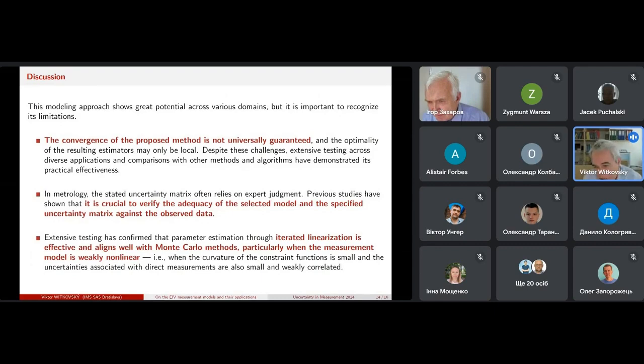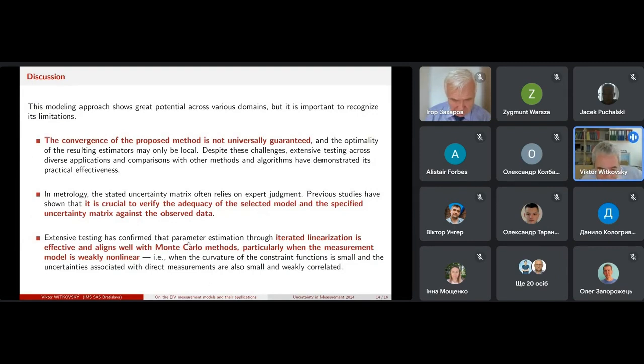Despite these challenges, extensive testing across diverse applications and comparison with other methods and algorithms have demonstrated its practical effectiveness. In metrology, the stated uncertainty matrix often relies on expert judgment. Our previous studies have shown that it is crucial to verify the adequacy of the selected model and the specified uncertainty matrix against the observed data, because if the uncertainty matrix is too generous, I would say, the algorithm could have some problem with convergence.